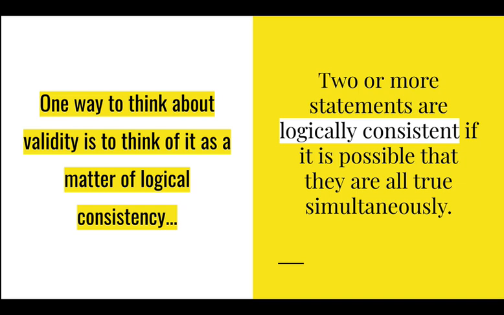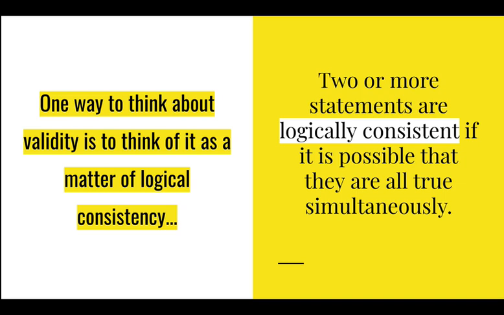Logical consistency happens to be one of those concepts that you also need to calibrate a little bit before you really understand it. Hopefully we did that last time, but just notice real quick, just to make sure, that logical consistency isn't saying that the statements are actually true, just that it is possible that they are all true at the same time. That's very important to keep in mind.